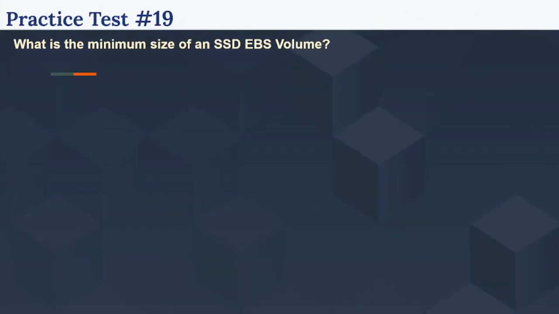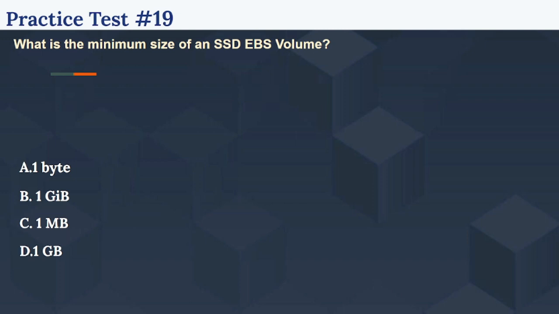So the 19th question is: what is the minimum size of an SSD EBS volume? So the options are: Option A, 1 byte. Option B, 1 GB. Option C, 1 megabyte. Option D, 1 gigabyte.